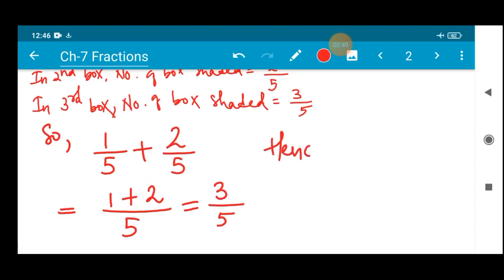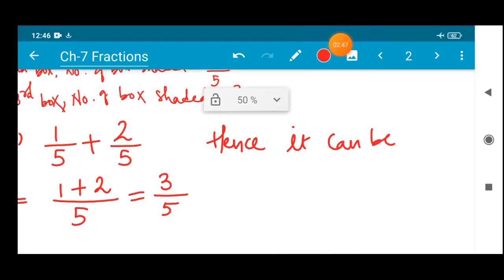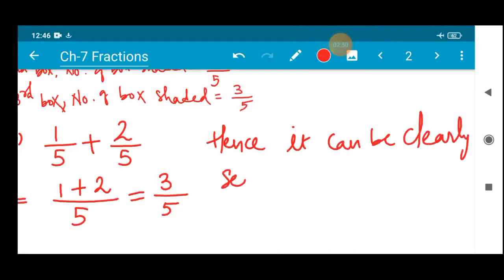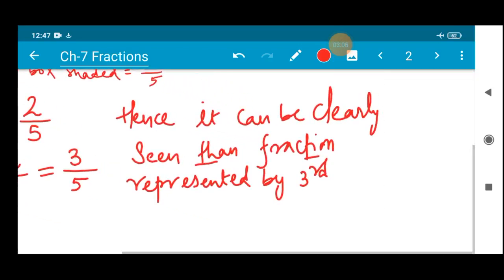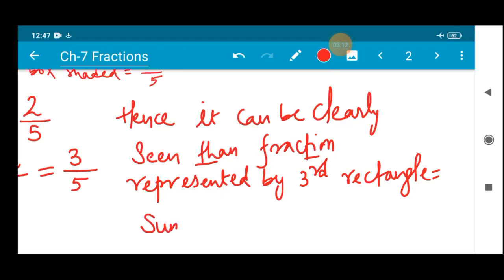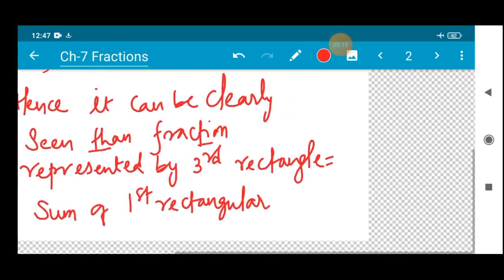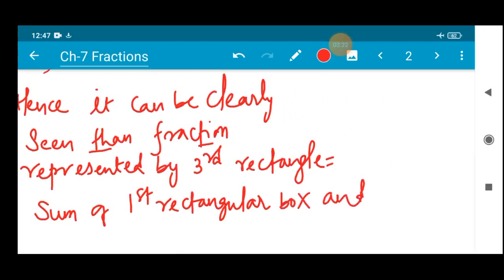So hence we can write, it can be clearly seen that the fraction represented by the third rectangle, which is 3 by 5, is equal to the sum of the first rectangular box and also the second, right?